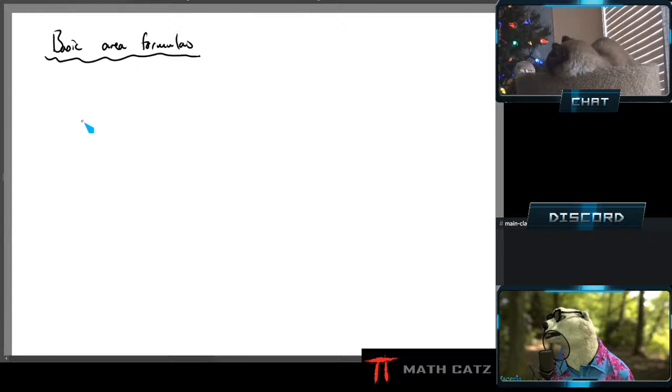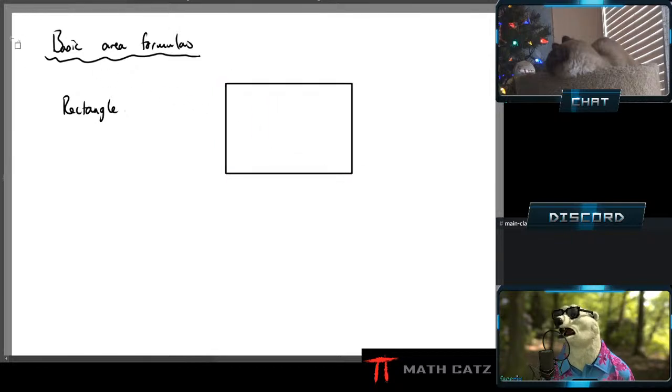All right, so let's start with our basic shape. The most basic shape when it comes to area is the rectangle because it's used in the concept of area, that I have this basic unit square, 1 by 1. It's my unit. And when I talk about area, the area of this rectangle, for example, I'm asking how many of these unit squares can fit into this space.